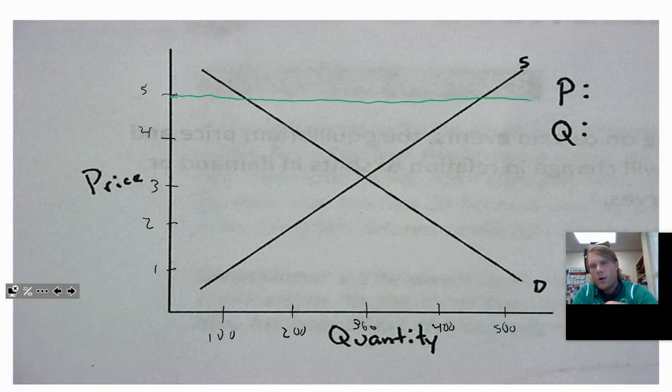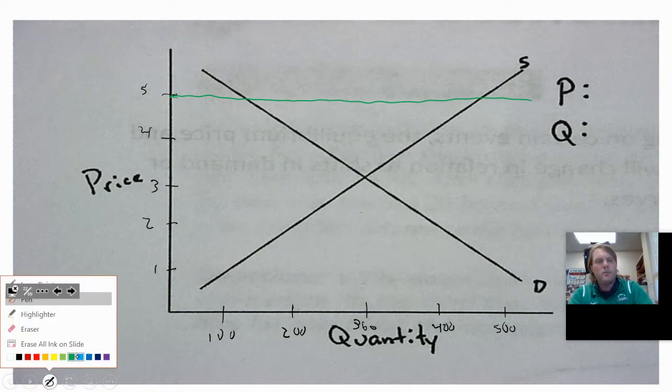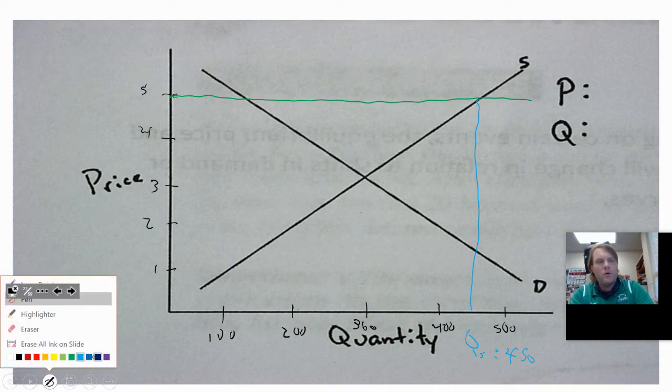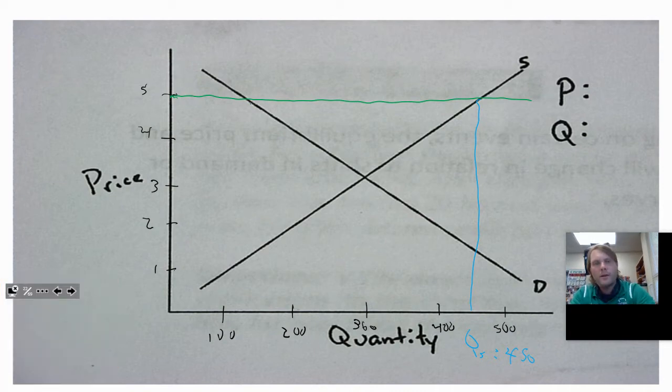Well, now our quantity supplied, our QS, is about 450. And our quantity demanded, we'll call that 125.